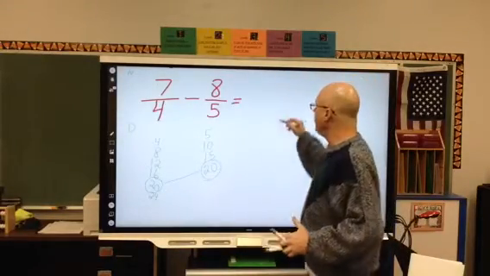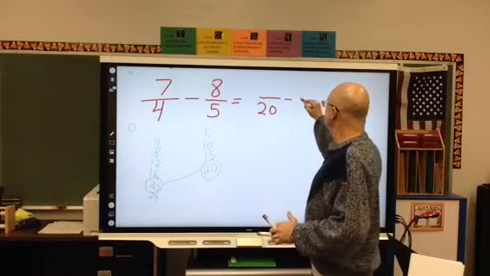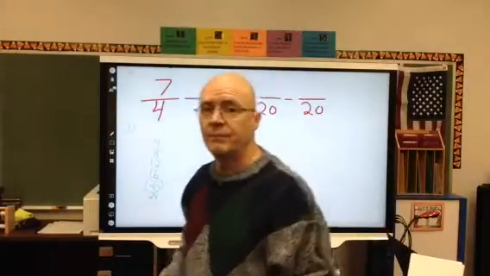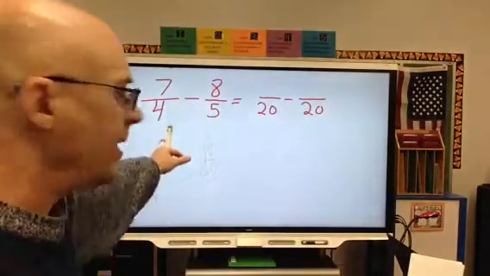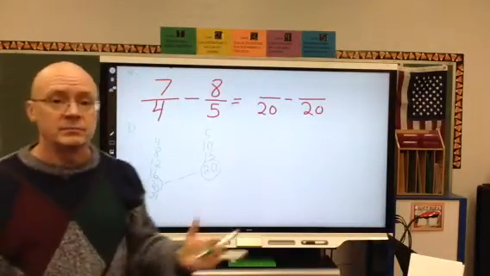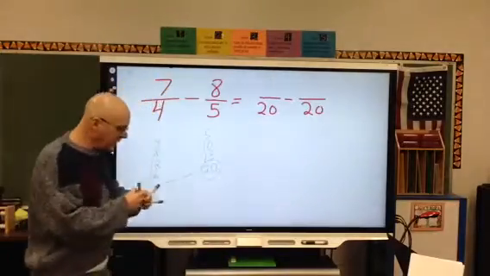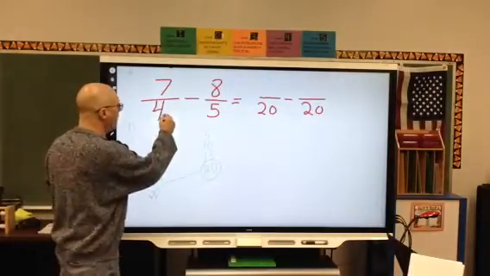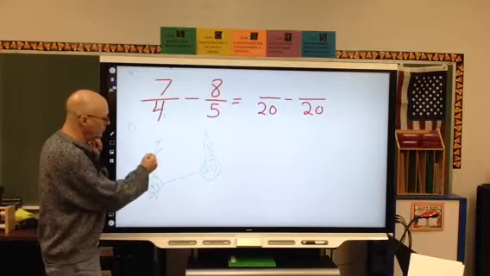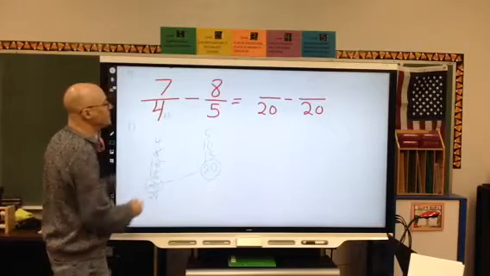Now stay with me here. Minus something over 20. Now, whatever we did to the denominator, we must do to the numerator. So we're going to take them one fraction at a time. What did I multiply 4 by to get 20? I multiplied it by 5. So 4 times 5 is 20.